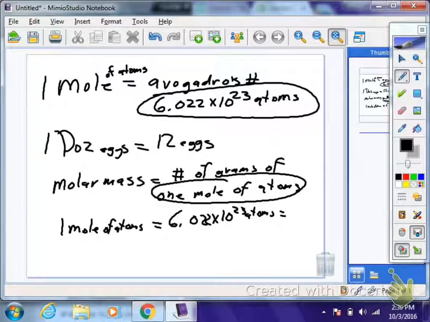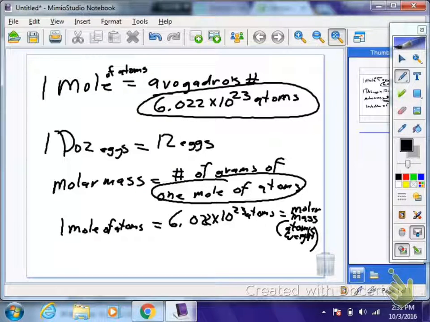Well, on the periodic table, that is 1 mole of any of those atoms that we talk about. That is equal to the molar mass. And the molar mass is the same as the atomic weight. It's exactly the same number.